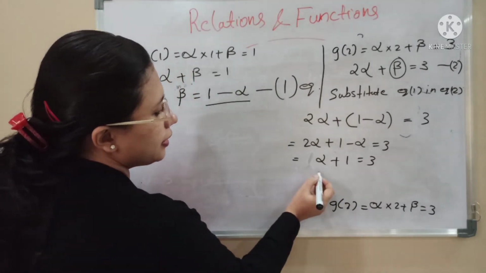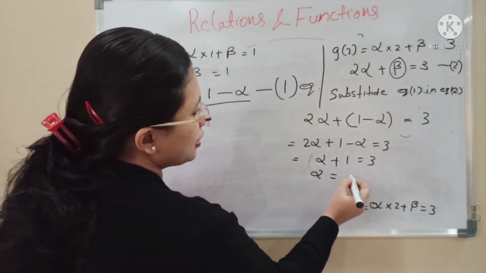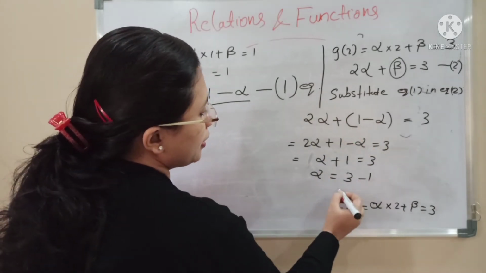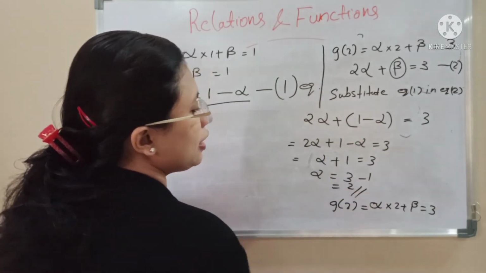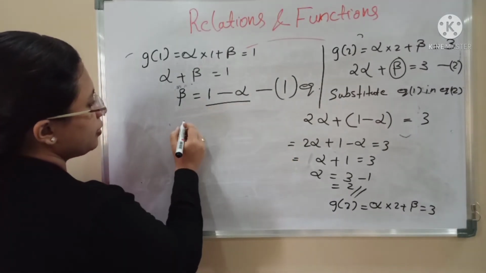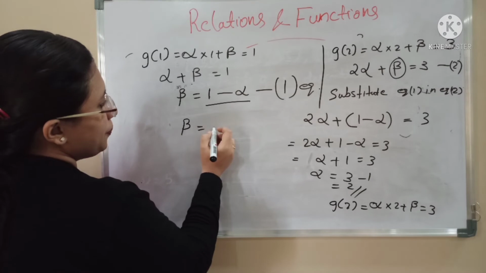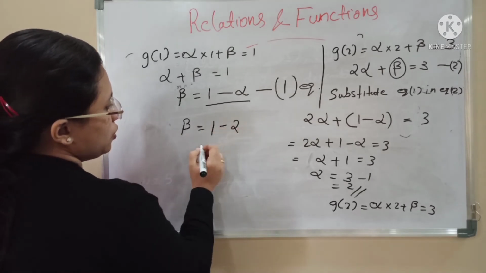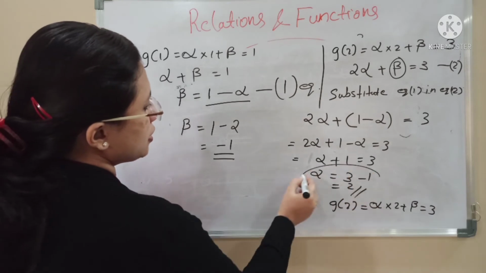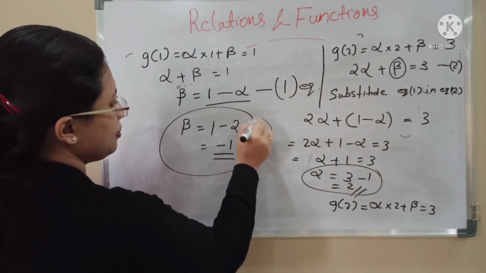Then alpha will be 3 minus 1, so alpha is 2. Substituting that, beta will be 1 minus 2, that is minus 1. So this is the alpha value, this is the beta value.